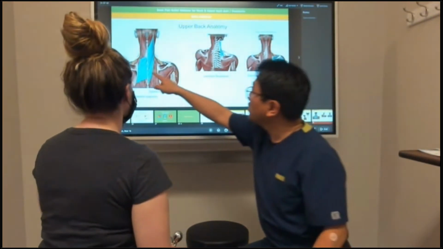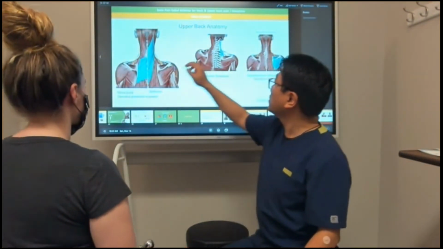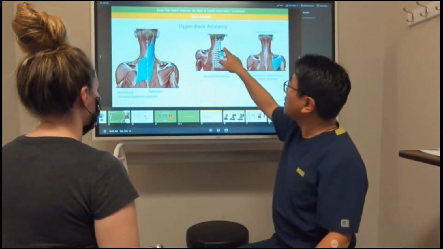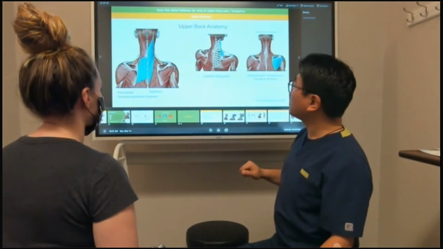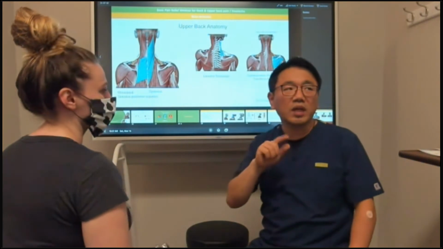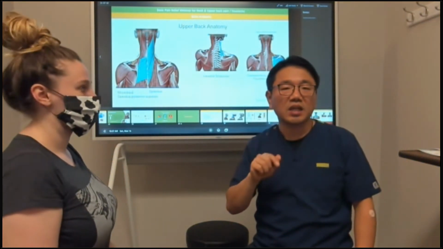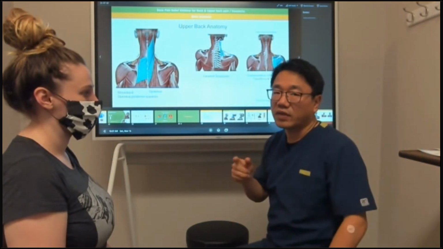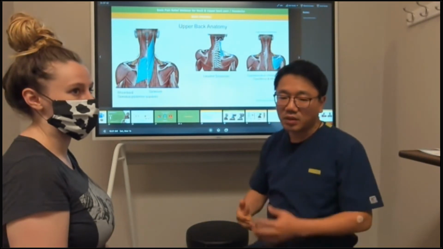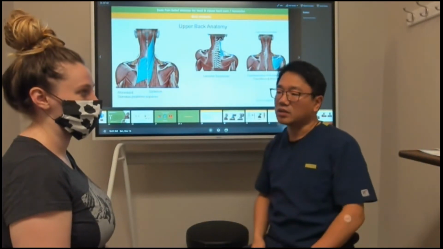So this one is your rhomboid muscles. This one is your levator scapulae muscle. So you cannot do it by yourself in this area. You need help from your family members, your husband or wife, or daughter and son.